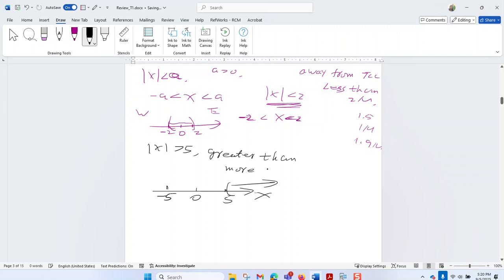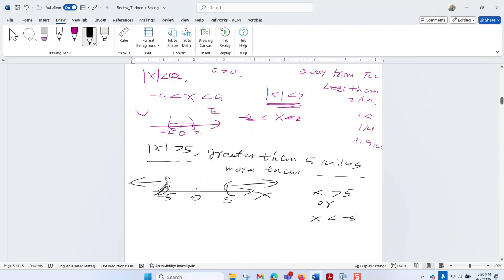All right, so if you live more than 5 miles away from campus, right? So you might have 10 miles, you might have 20 miles. Okay, those are all greater than 5 miles. So if I get rid of this absolute value, I have x is going to be greater than 5, or x will be less than negative 5. So or less than negative 5 should be going to the left-hand side. So you have these two intervals of the notation.